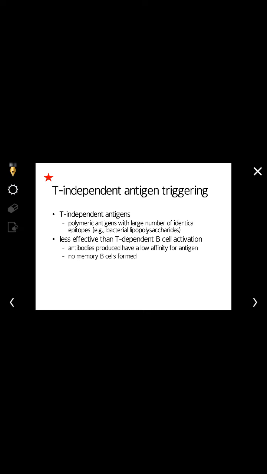So this would be bacterial lipopolysaccharides, or maybe the tail of a flagella, but mostly lipopolysaccharides of, I want to say, gram-negative bacteria. These are less effective than T-dependent B cell activation.